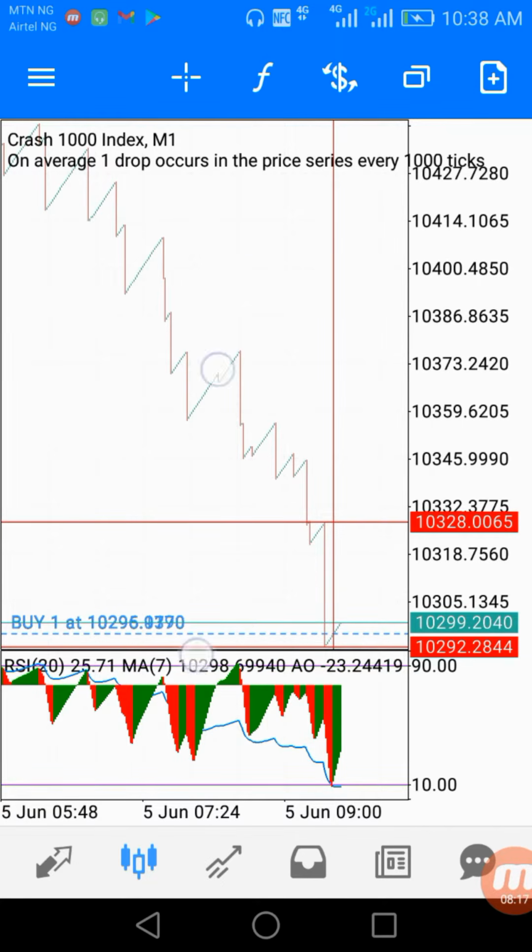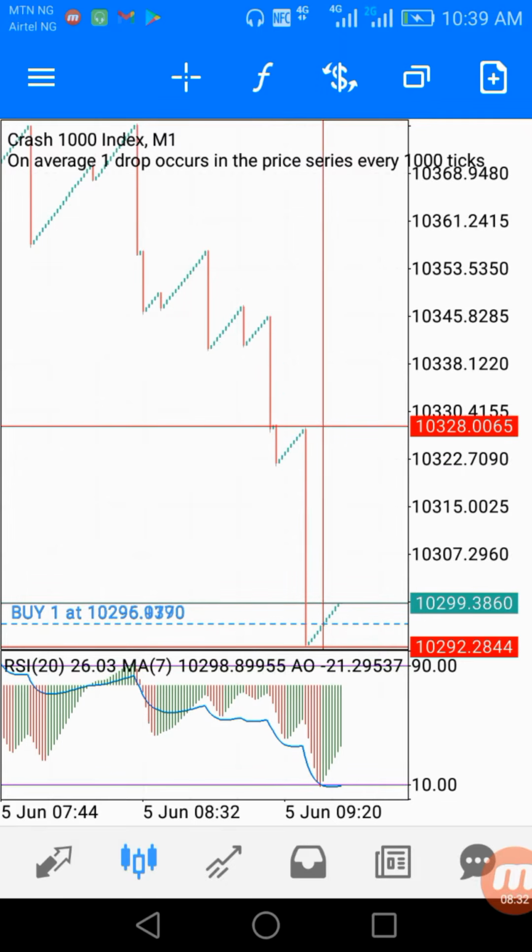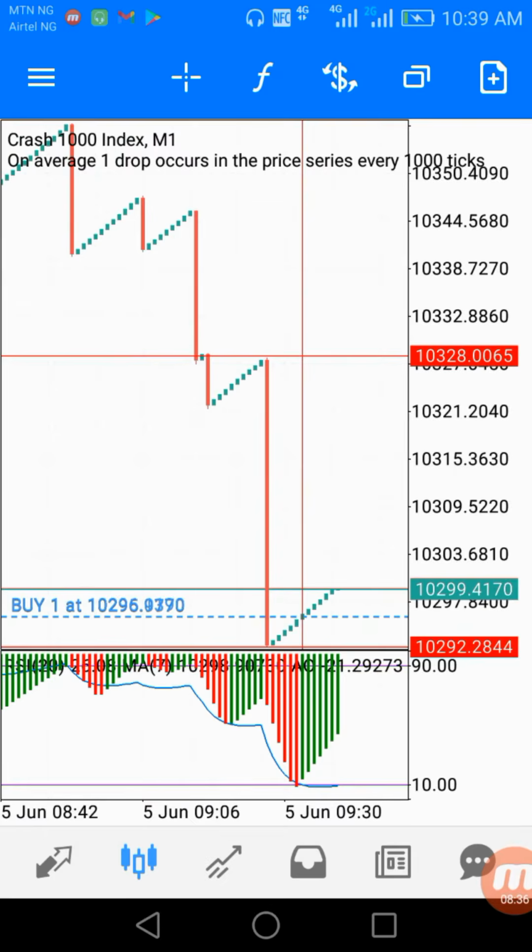Don't get confused, this is zoom in, this is zoom out. So when you zoom out completely like this, this is the first zoom level. Then you zoom in once, and this is the second zoom level. Then you zoom in again. This is the third zoom level, and this is the zoom level we use for this strategy, and in fact in most of my strategies. Now that's for zoom level.